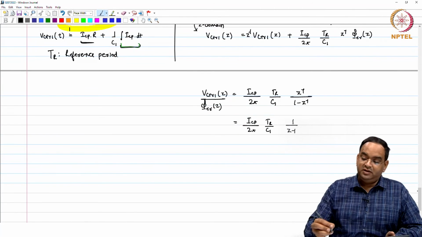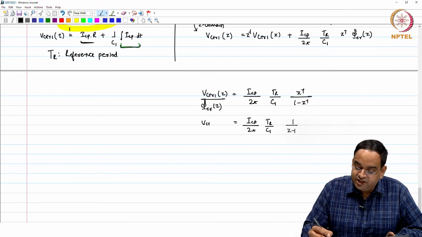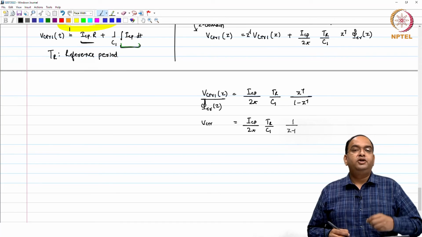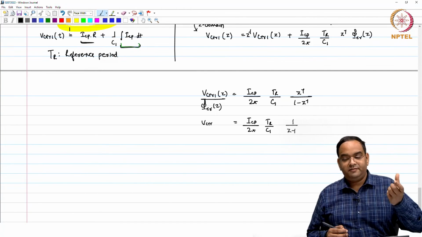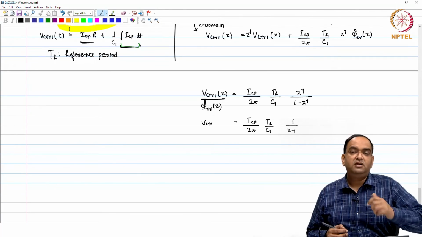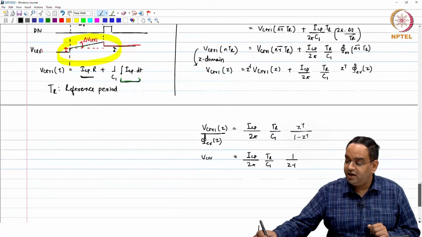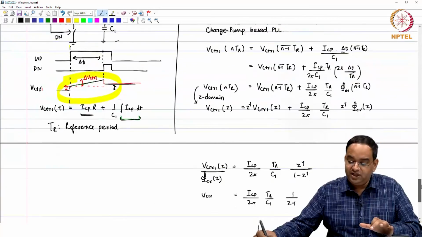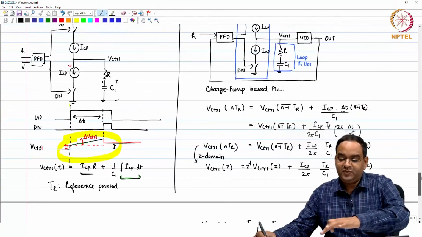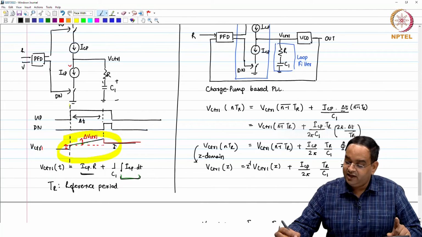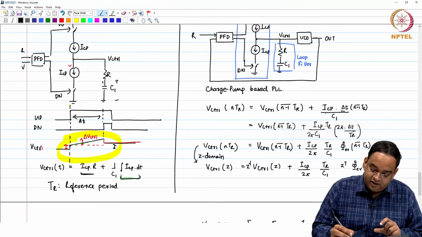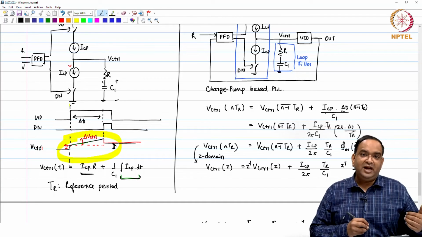Now, this is the transfer function from the phase error to the control voltage, when you are assuming that the phase error information is actually getting converted to the voltage using the charge pump. In this particular case, I have neglected one thing: when I am writing this V control, I am only looking at the change from the previous value.